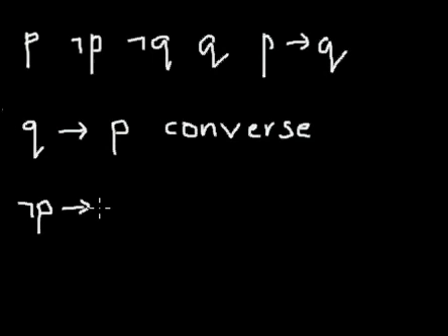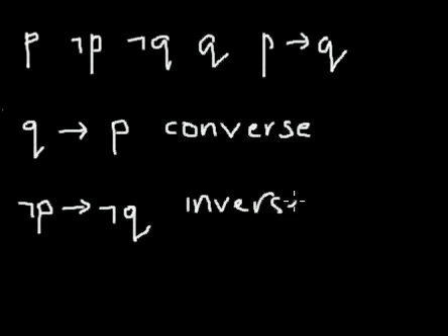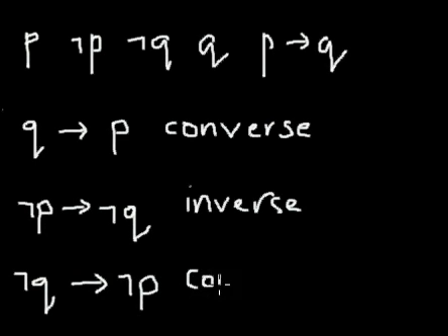And not P implies not Q. Such a statement is called the inverse of P implies Q. This is an inverse, and the third statement is not Q implies not P. This is known as contrapositive, C-O-N-T-R-A-positive.